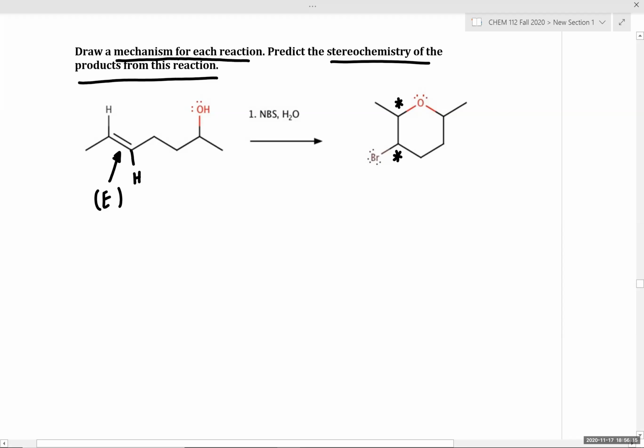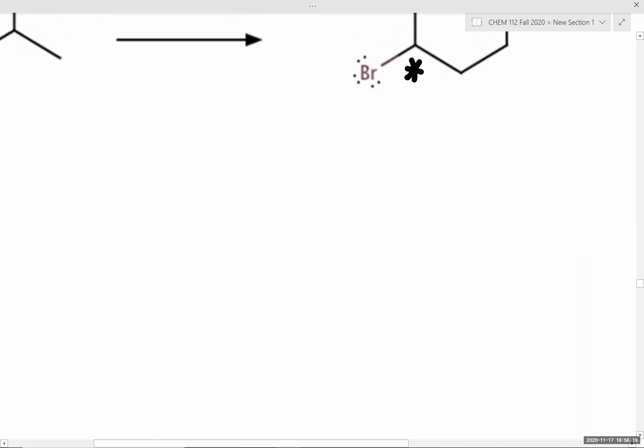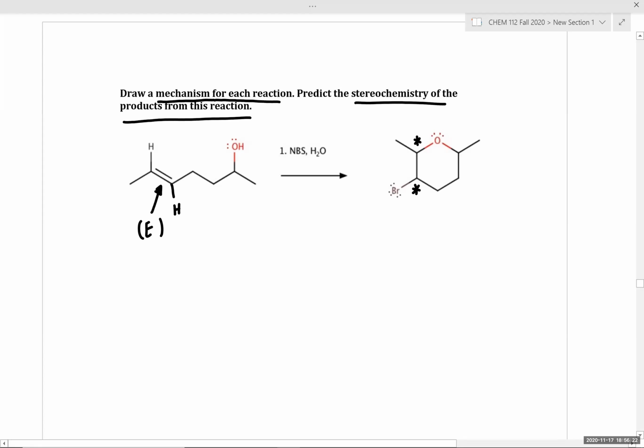Would you be able to draw out the stereochemistry in the structure just so that way the class can visualize it? So you have an assignment where both these stereocenters are R. Would you be able to share your annotated structure?